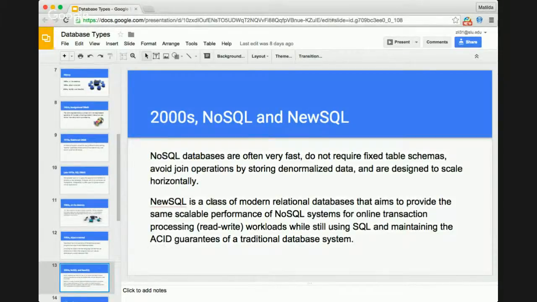The last one is the 2000s, NoSQL and NewSQL.